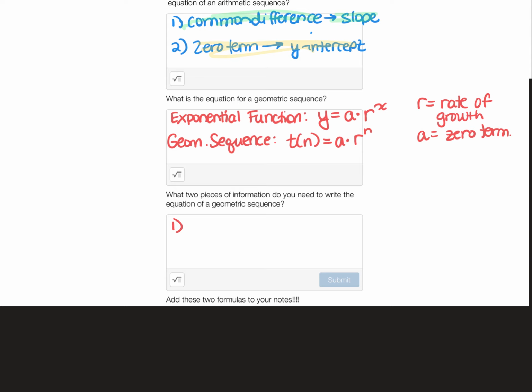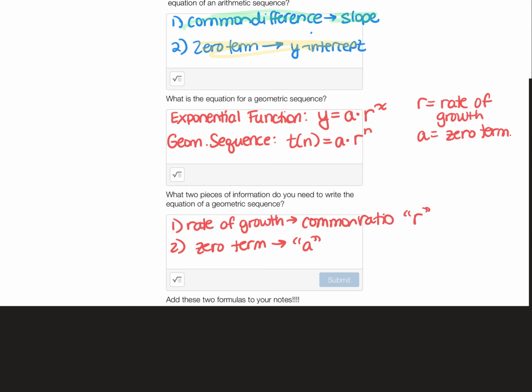We need to know the rate of growth, which is also known as your common ratio, and that's why we use the letter r. And the second thing you need to know, just like in our linear or arithmetic sequence, is your zero term. In your equation, that is a.